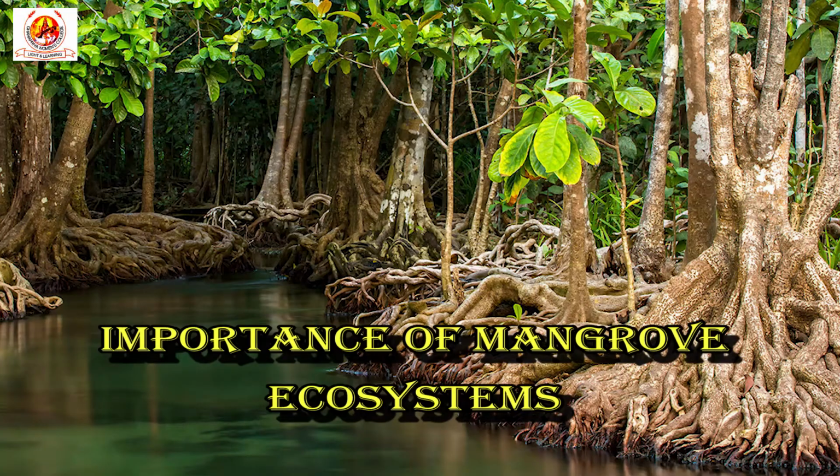Importance of the mangrove ecosystems. This is a structurally simple forest system with the highest biomass production in the intertidal and estuarine areas, and its standing crop is greater than any other aquatic ecosystem on the earth.